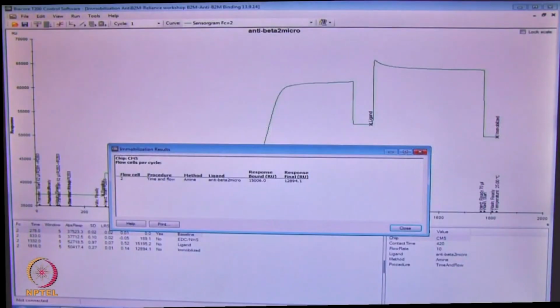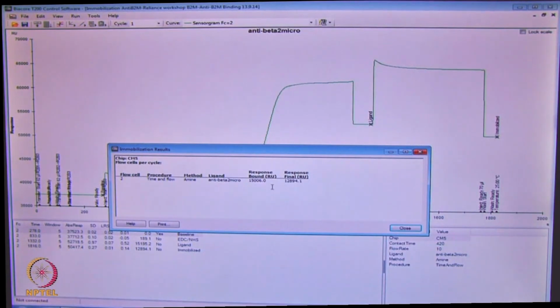We will now look at the results of our anti-beta 2 microglobulin immobilization performed on a CM5 chip. Looking at the immobilization results dialog box, there are 2 response levels calculated from the sensorgram.